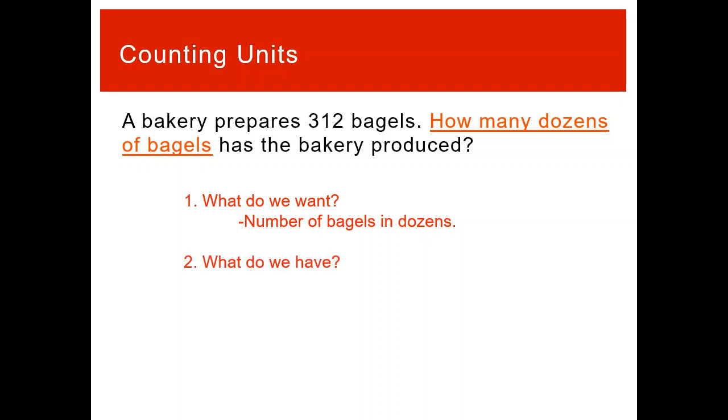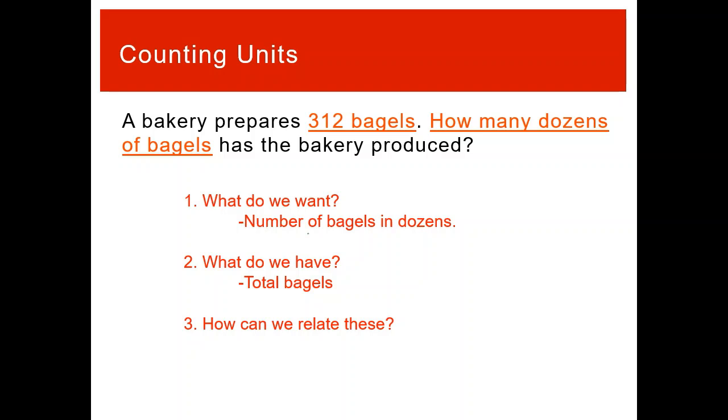Asking what do we have then lets us look at what numbers are associated with units. We can see that this conversion idea is we're going from total bagels. 312 bagels is a count of bagels. And we want to relate that to dozens of bagels, so counting by group.